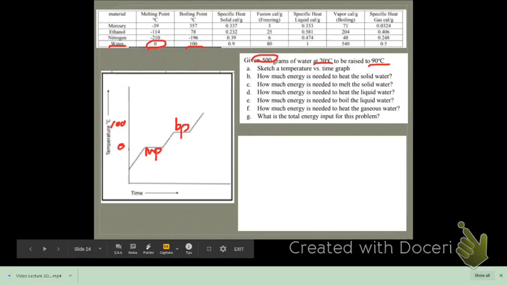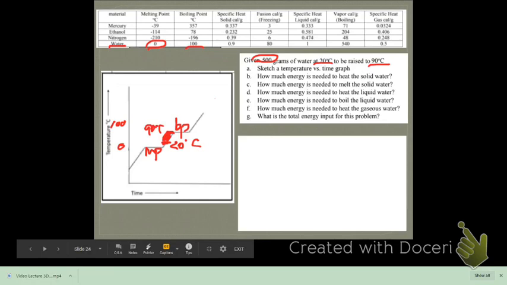Okay, and according to our instructions, we're starting at 20, which is about right here. That's 20 degrees Celsius. And we're going up to 90, which is about right here. So that's 90 degrees Celsius. So we're only interested in this section of the chart. Okay, so let's get started.